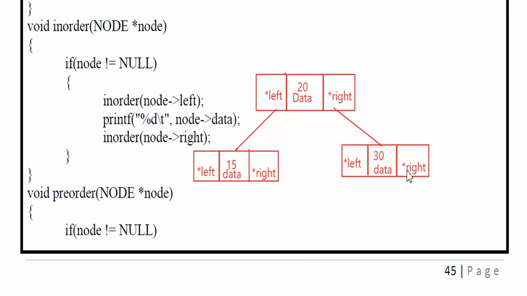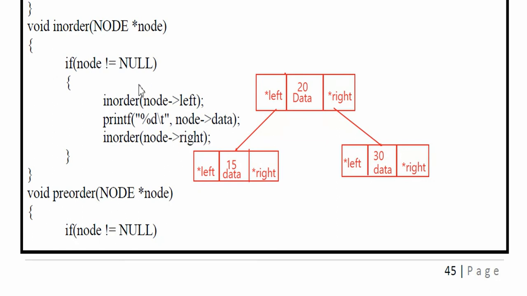So in our case, if we consider the left subtree is this and the right subtree is this, this tree will be visited recursively in order. In-order will be called recursively for this subtree, visit the root node, and then visit the right subtree in recursive in-order.